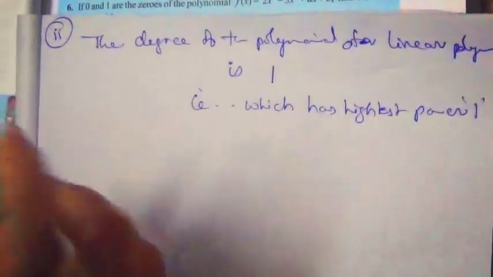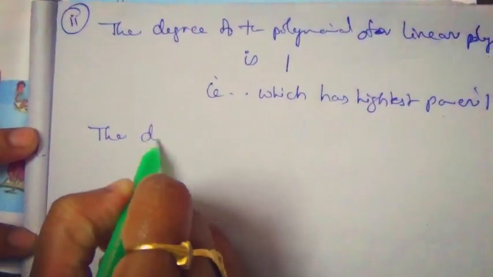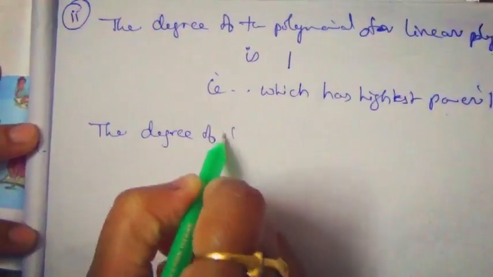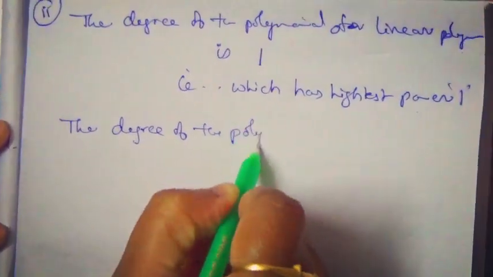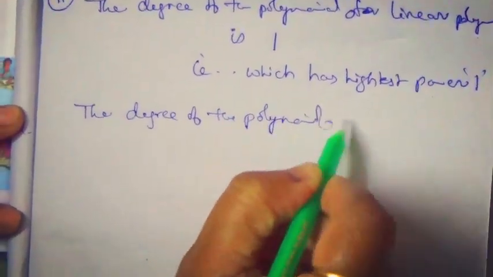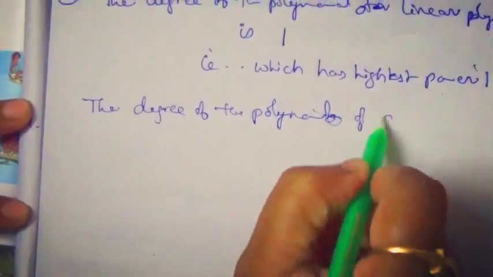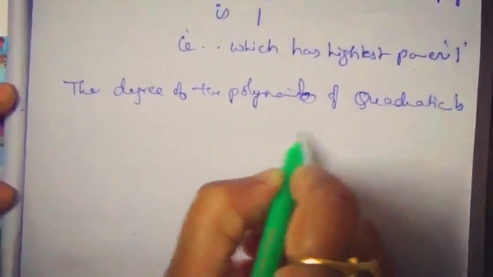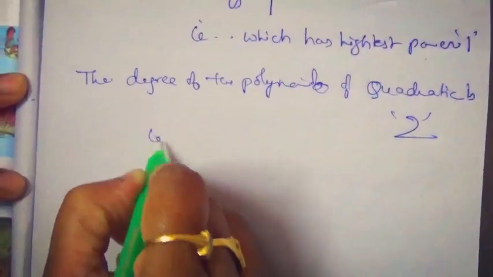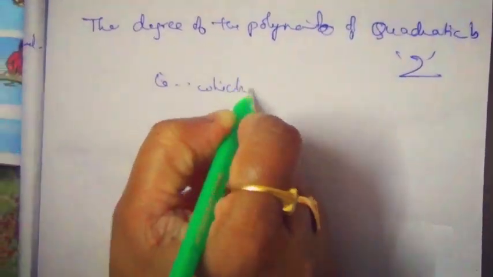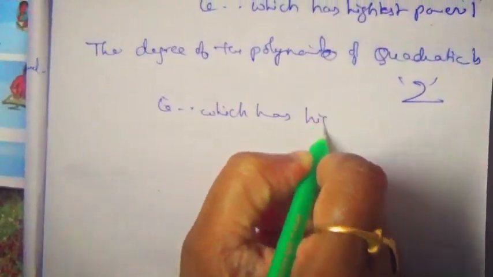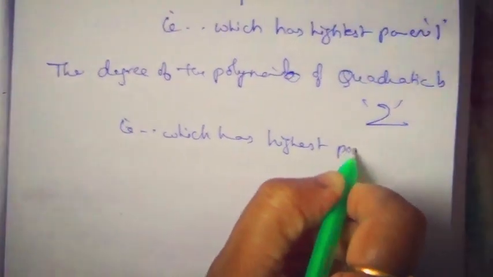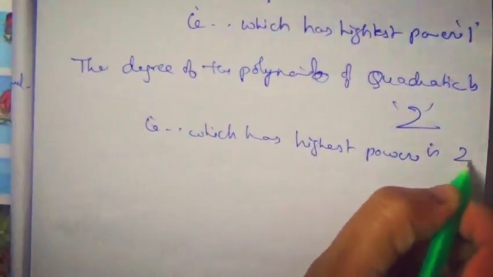You just write as it is: the degree of a quadratic polynomial is 2, that is, the highest power is 2.